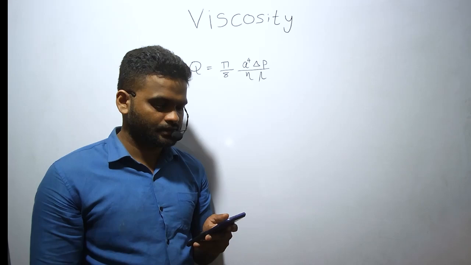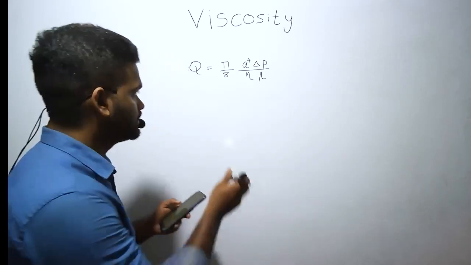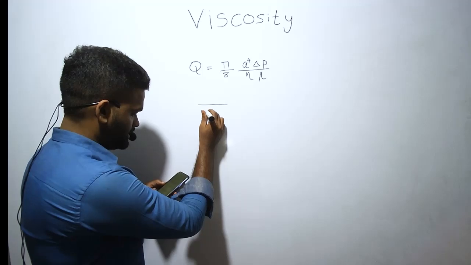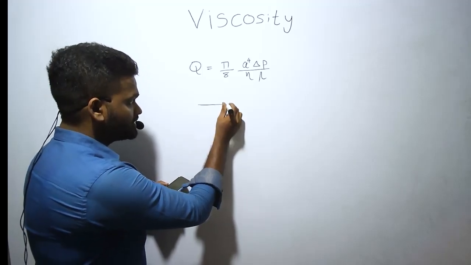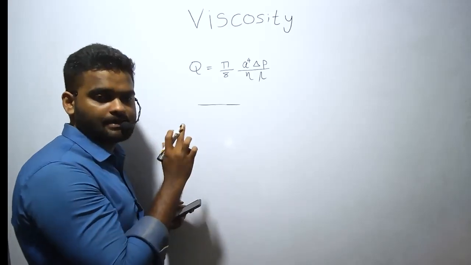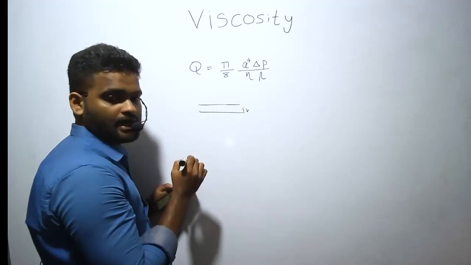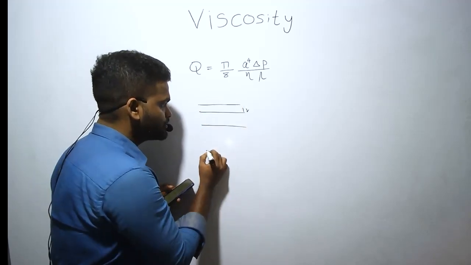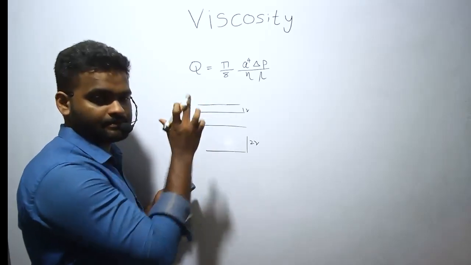You have two capillary tubes. So you have two tubes, right? Both tubes have the same length. One has a radius r, another one has a radius 2r. Both length is the same.